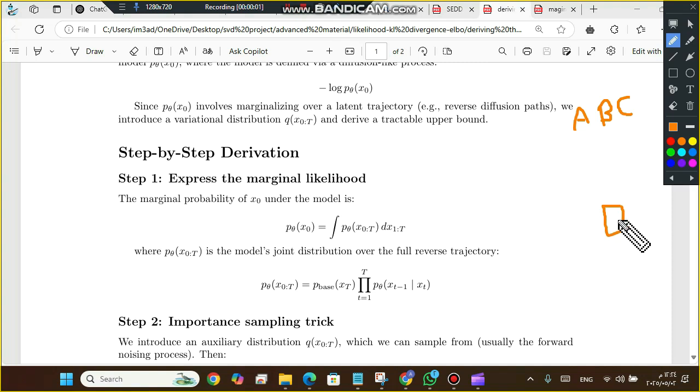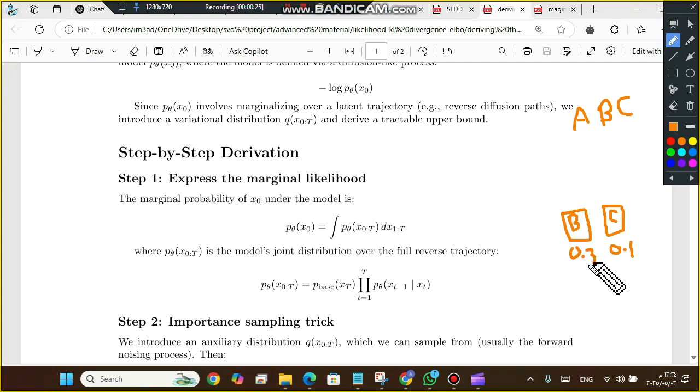let's assume that the probability of C, let's say, is 0.1. Then, based on that, the probability over here of, let's say, B is 0.3.